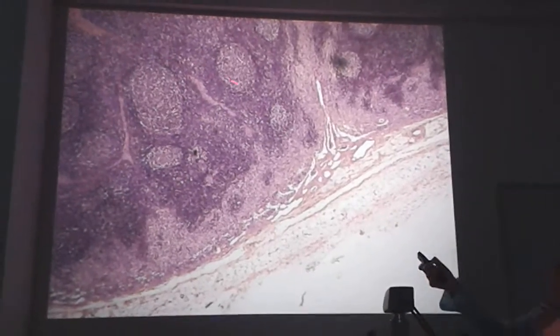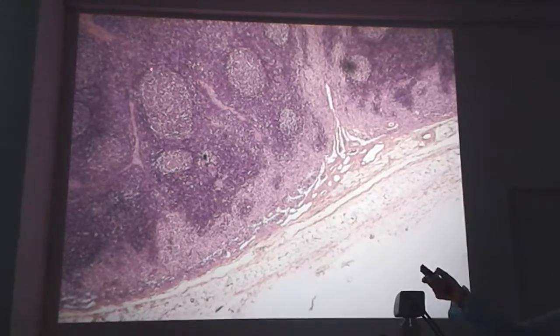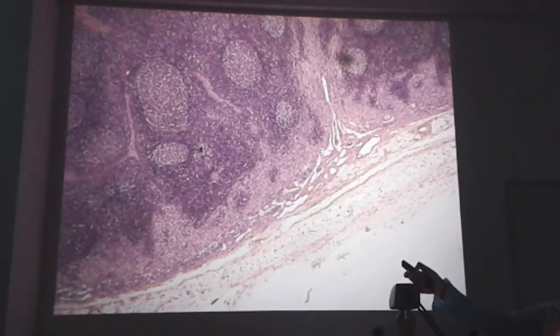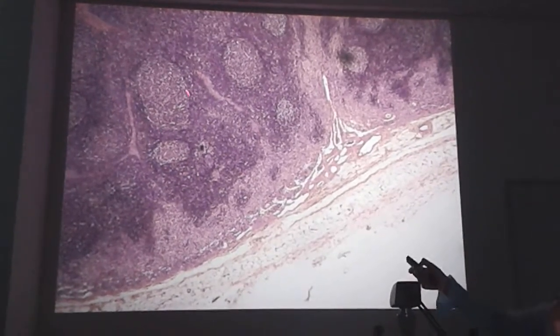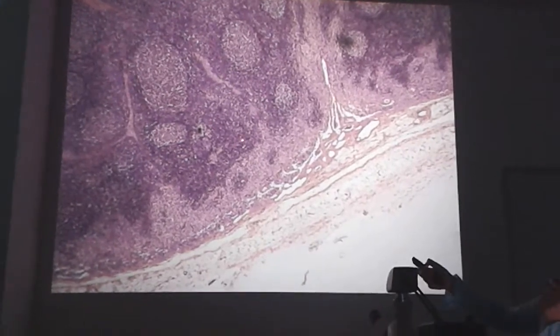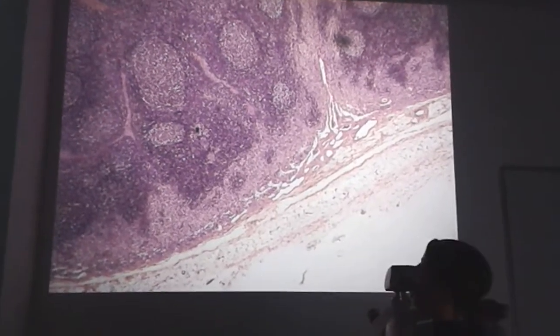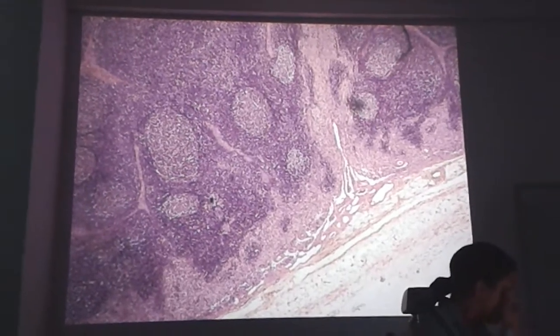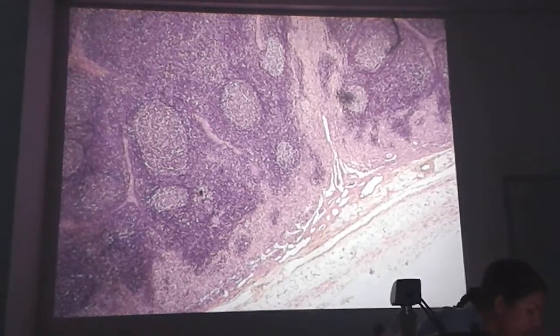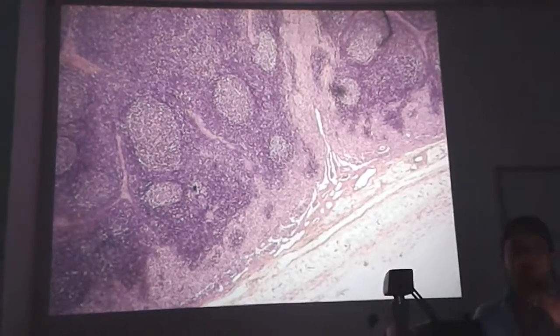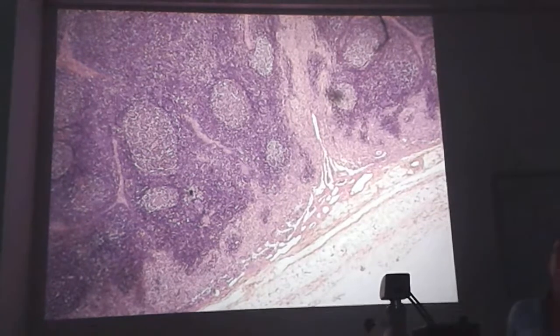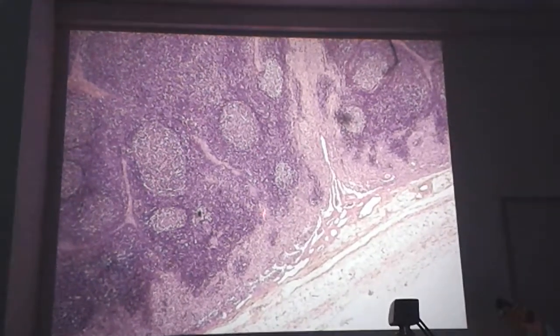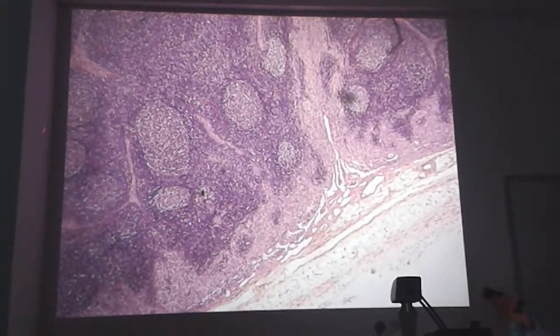And when we look at the parenchyma of the organ, you will see a germinal center. This is the germinal center, and this is the cortex. You will see lots of T and B lymphocytes.